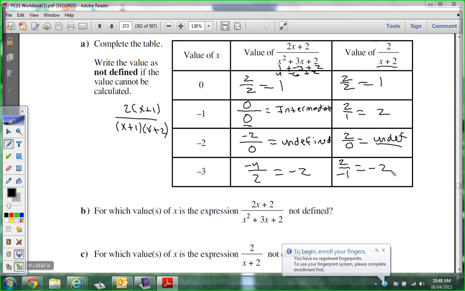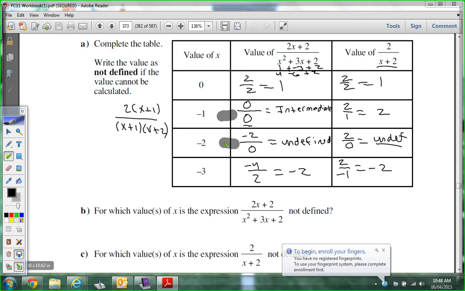So when I come down here, it says, for which values of x is the expression not defined? Any box here that's over 0 makes it undefined. So it's technically undefined here and here. Those are two undefined values, because those will give me 0 on the bottom. Even after we simplify, if I put in negative 1, I'm still going to get undefined.